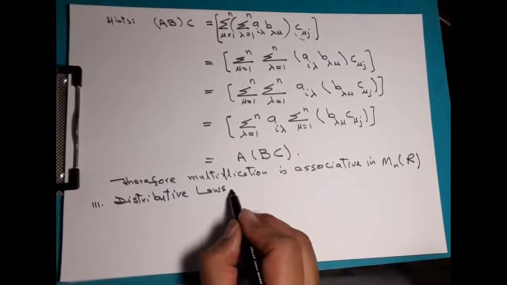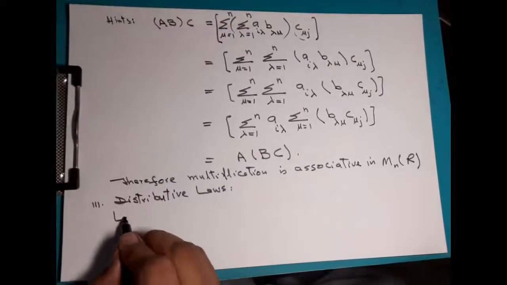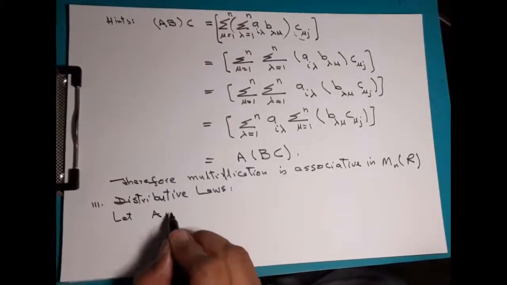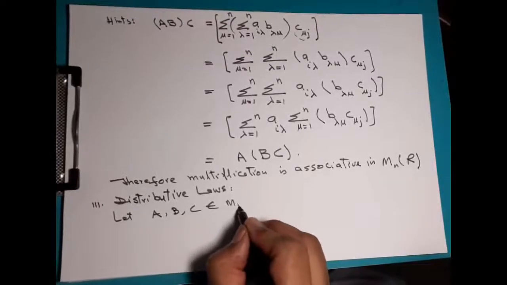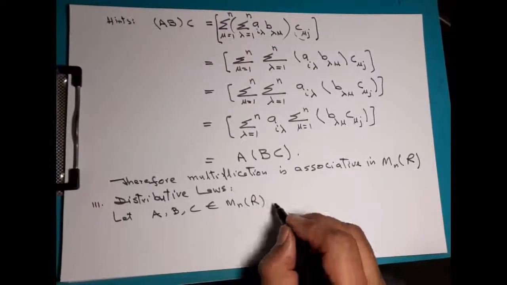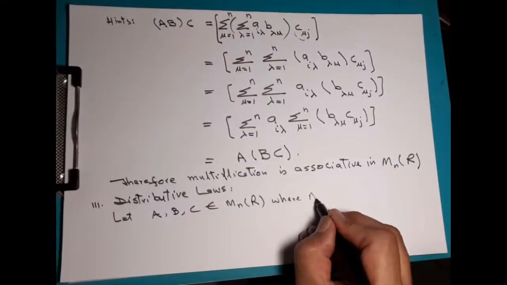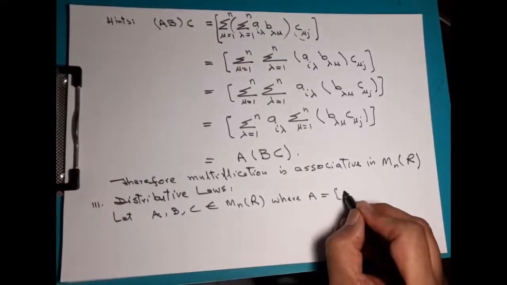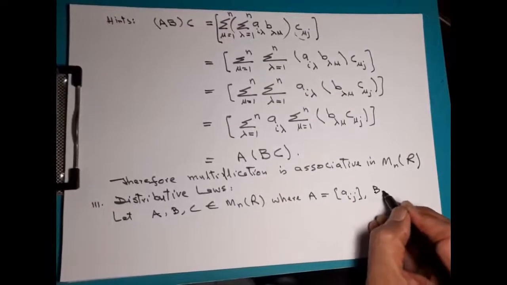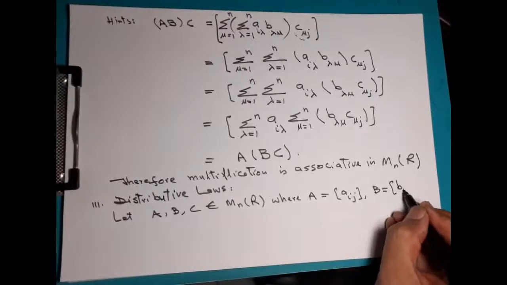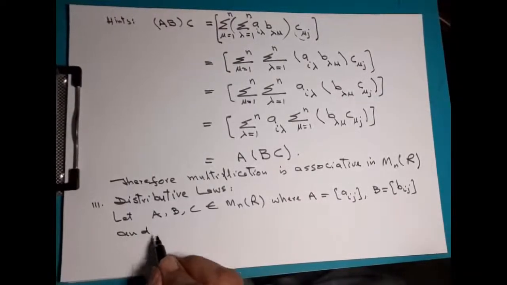So for distributive laws, we need three matrices. So let A, B, C belong to MNR, and let's write in detail where A is equal to AIJ, B is equal to BIJ, and C is equal to CIJ.